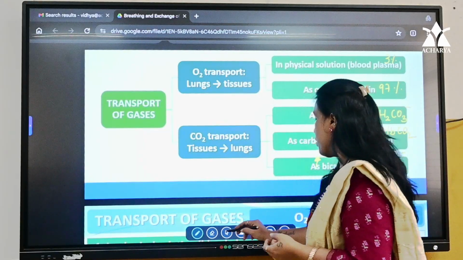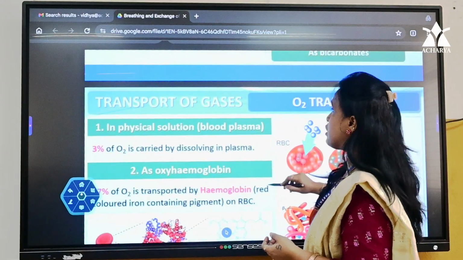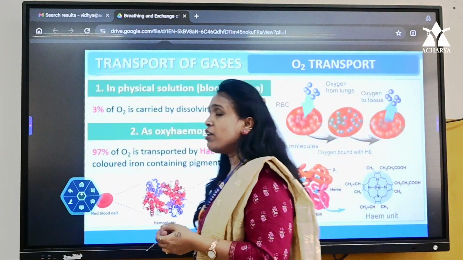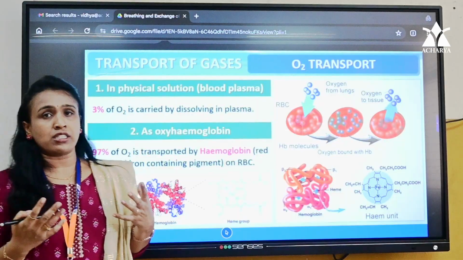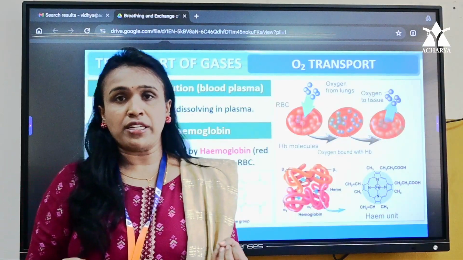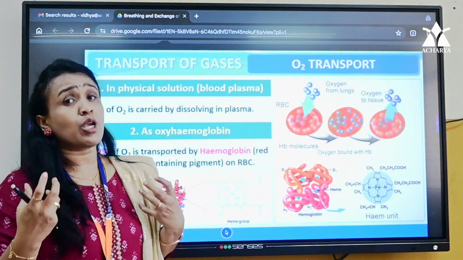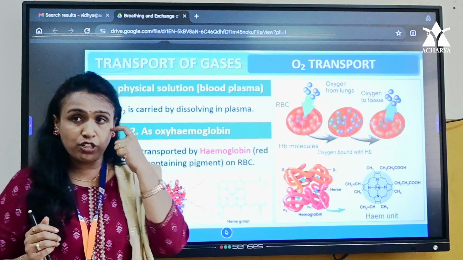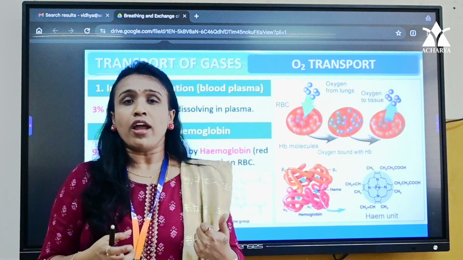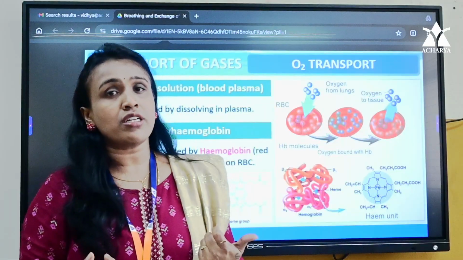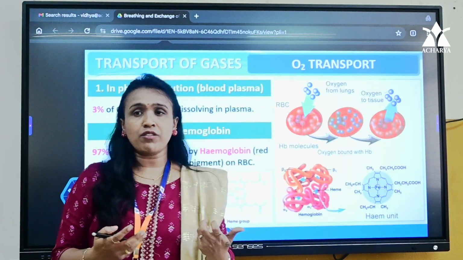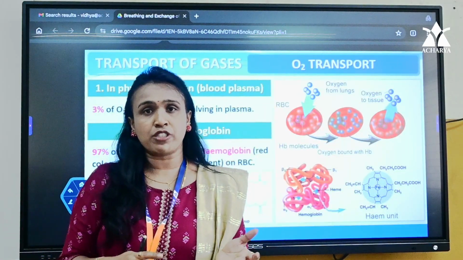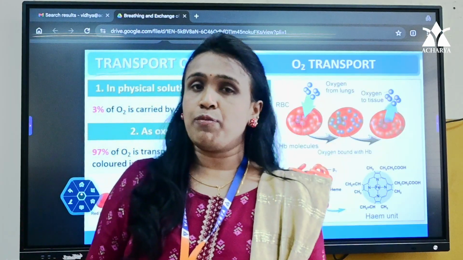Next, coming to the transportation of gases in physical solution, the blood has 55% plasma, which contains water. So 98% of our plasma is water, and in the water carbon dioxide readily dissolves. In the previous session we got to know that there is a difference between the solubility of oxygen and carbon dioxide.